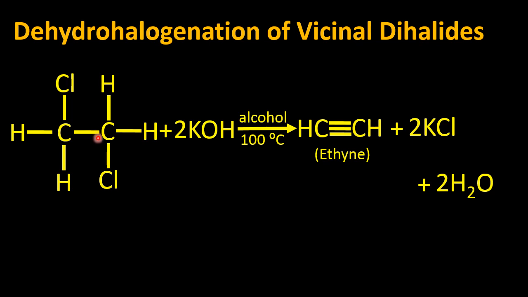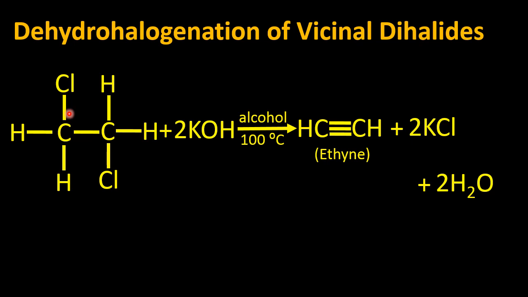Another term, which is used in the opposite sense, is geminal, as in geminal dihalides. It is a geminal dihalide when both the halogens are attached to the same carbon atom, not to adjacent carbon atoms.